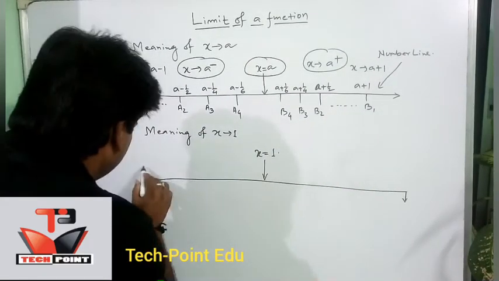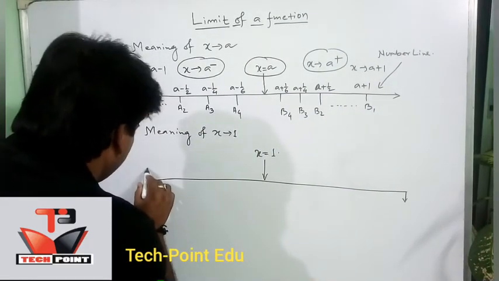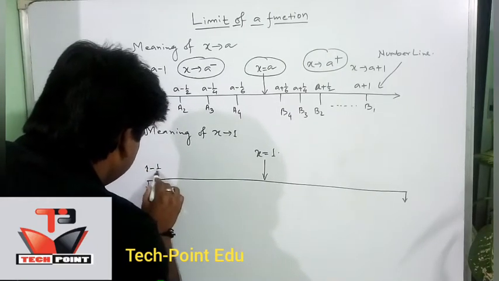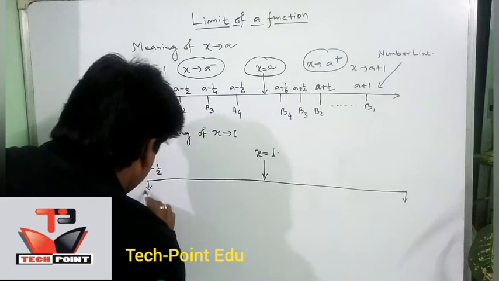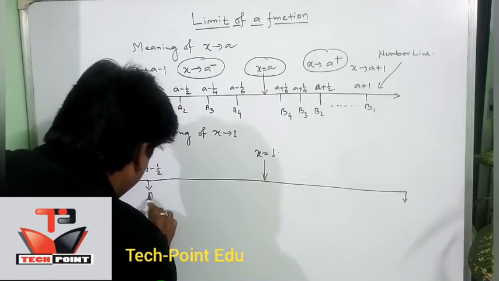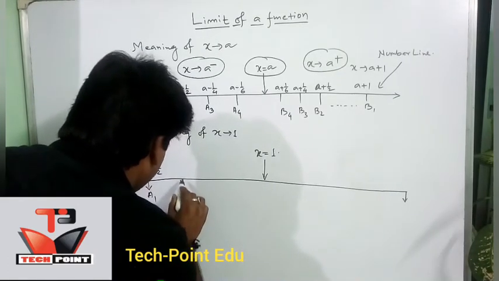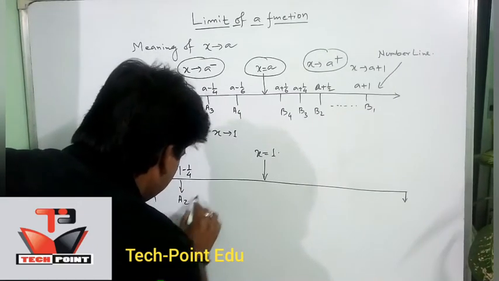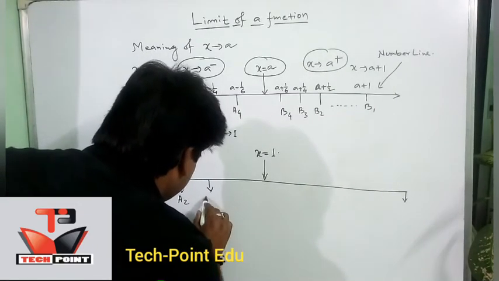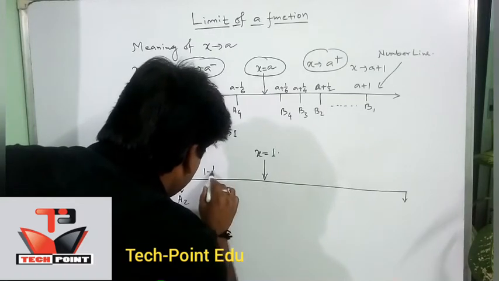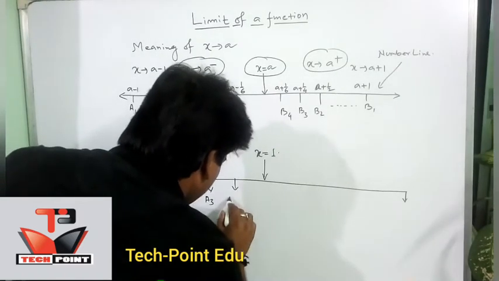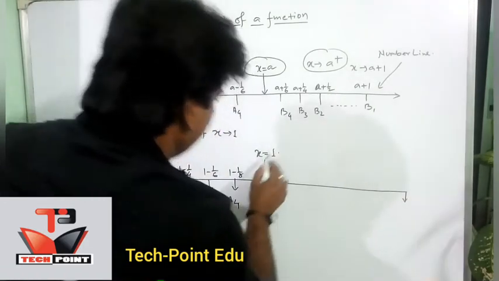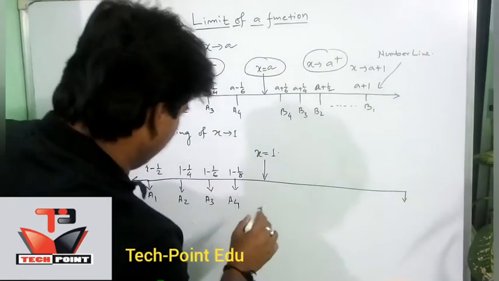Let this point be 1 minus half. This one is your a1 point. This one is 1 minus 1 by 4, a2. This one is a3, 1 minus 1 by 6. Similarly, a4 is 1 minus 1 by 8. In that way we are reaching x equal to 1.